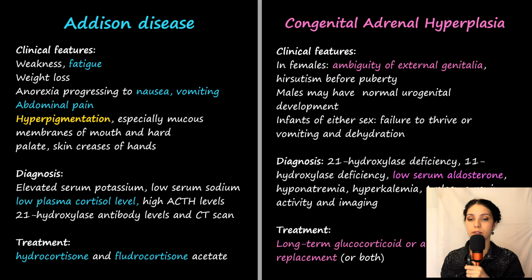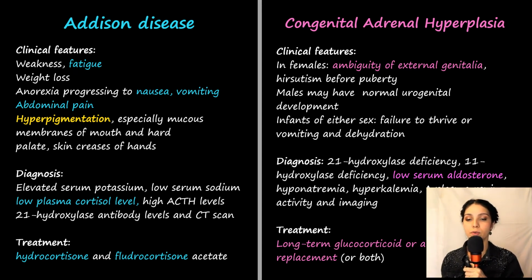So, lab values: increased ACTH with low cortisol and hyponatremia, hyperkalemia, and low blood glucose. ACTH stimulation test reveals no rise in cortisol. And treatment is replacement therapy. For glucocorticoids, give hydrocortisone, and for mineralocorticoids, give fludrocortisone.